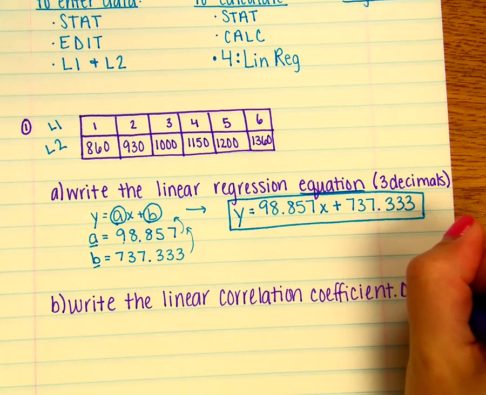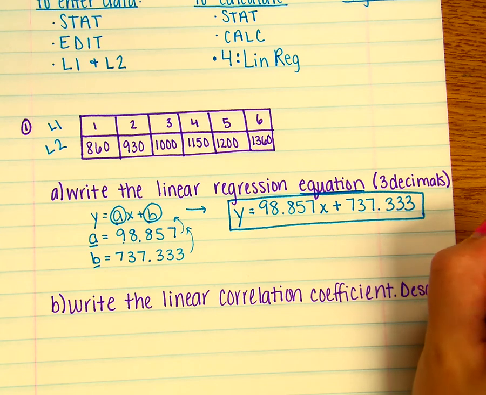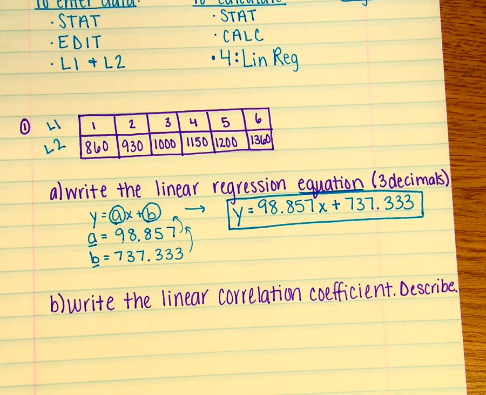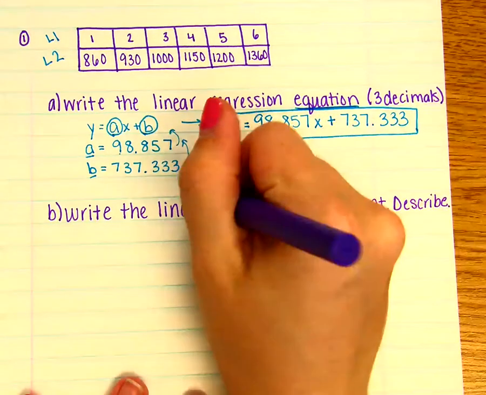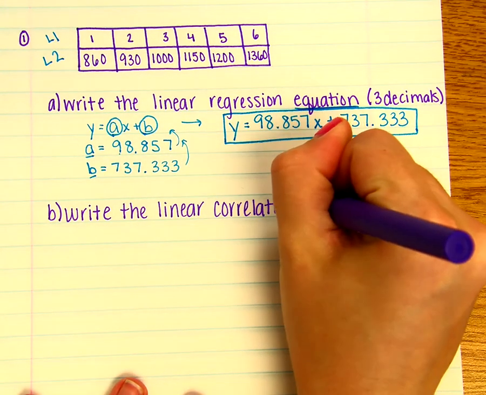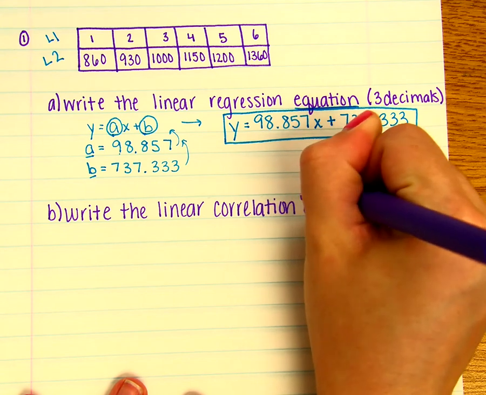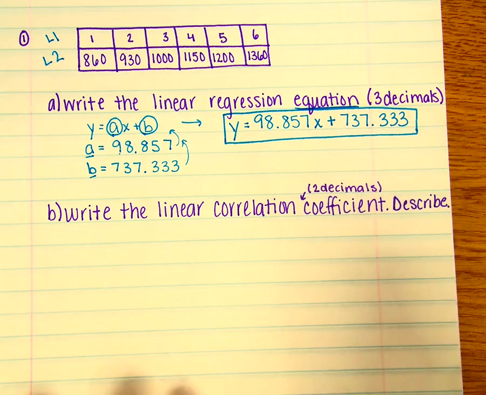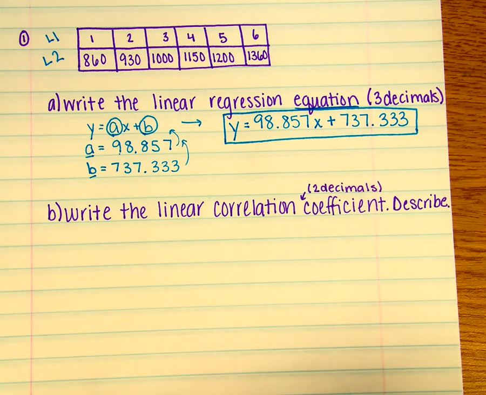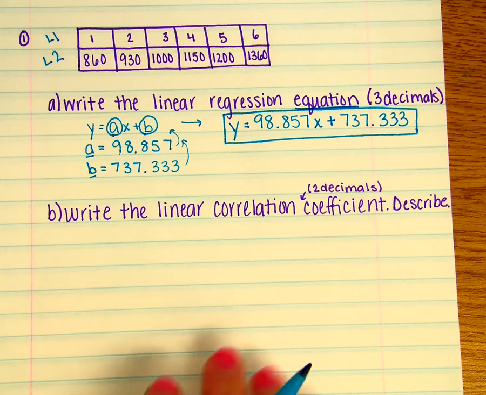After it asks you to find it, it's going to say describe. Okay? It wants us to describe what that R value means. Okay? And here, let's make sure we're rounding to 2 decimals. Our R value will always be rounded to 2 decimal places.